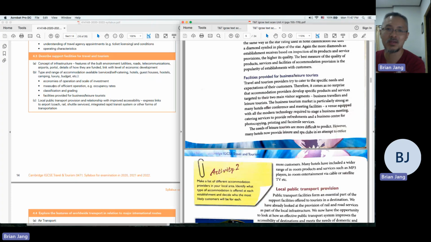Usually we're talking about a mega city. There has to be a range of options, because business tourism will happen when there are large chain accommodations that have huge conference rooms and multiple meeting rooms in just one hotel, right?